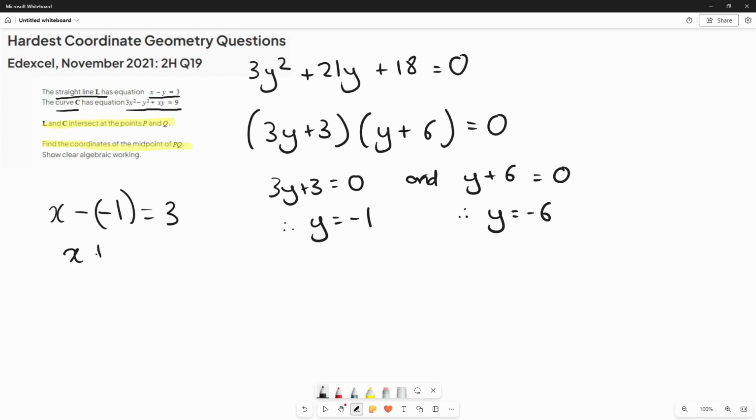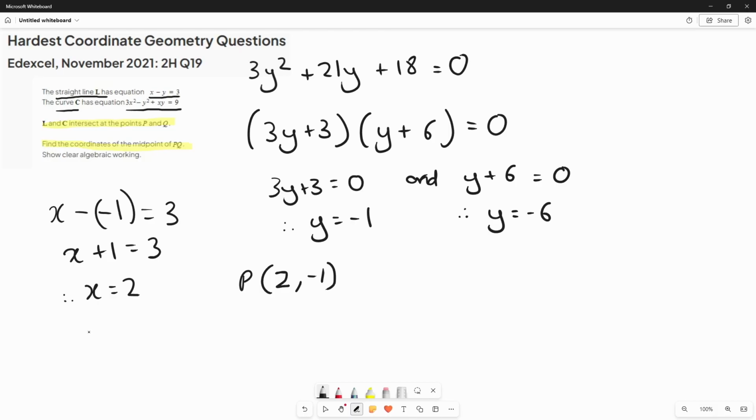That means x plus 1 equals 3, and therefore x equals 2. So one set of coordinates would be 2, minus 1, and we'll call this P. It doesn't really matter which one's P and Q, because we're going to find the midpoint of the two points anyway.